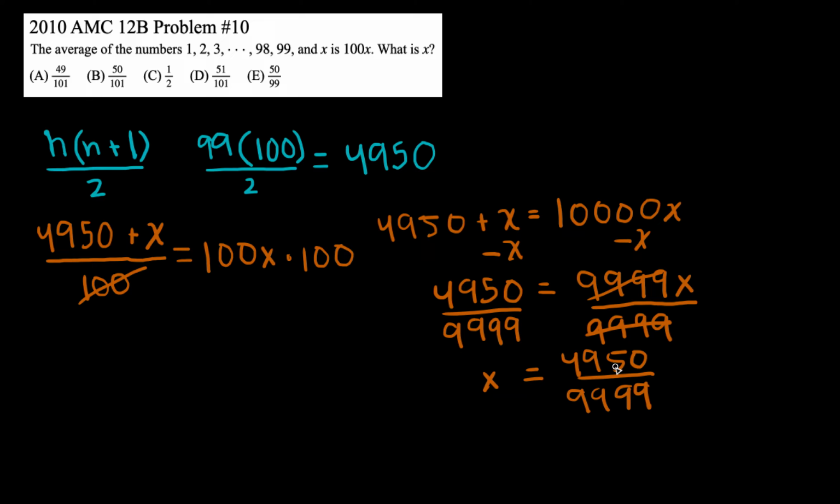You just take the sum of the digits, which in this case would be 4 plus 9 plus 5 plus 0. 4 plus 5 is 9, plus 9 is 18, plus 0 is still 18. We check if that sum is divisible by 9, and since it is, we know that 4,950 is divisible by 9. This is a very useful thing to know here.